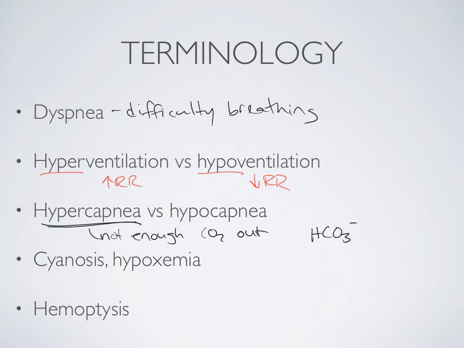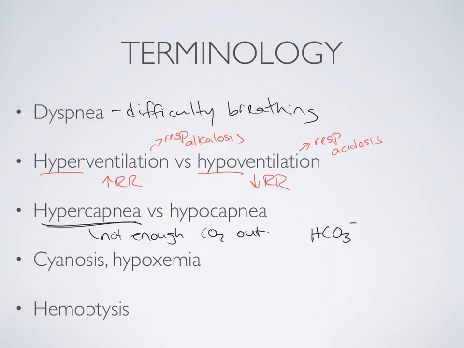This is more detail than you need. I'm just trying to show you how it all fits together. So this will lead to respiratory alkalosis. With hypoventilation, you're retaining CO2. You're not breathing off as much CO2 as you need to, and that's going to lead to a respiratory acidosis.